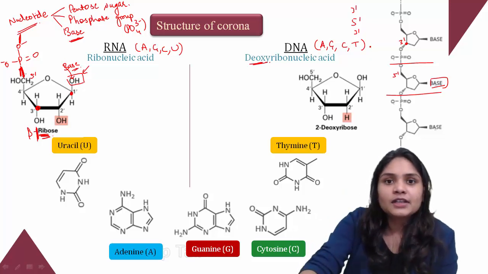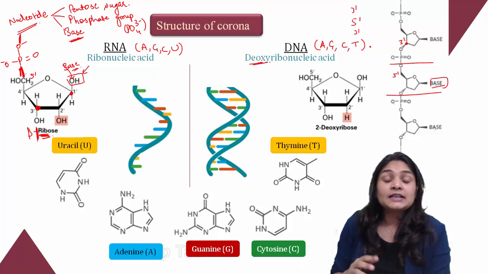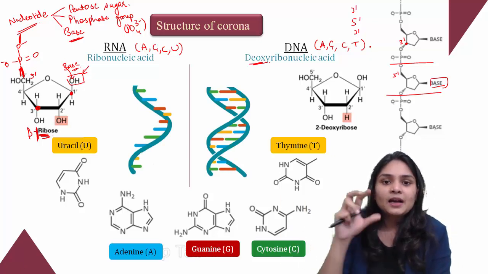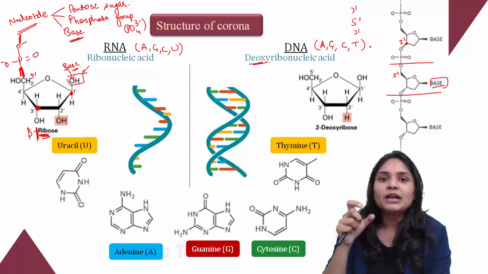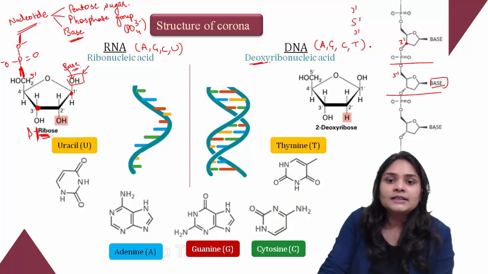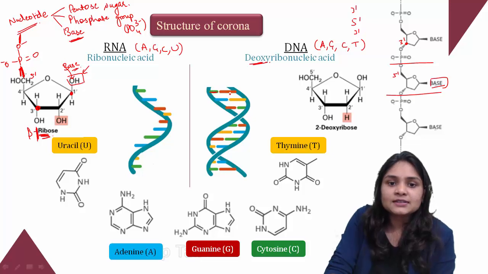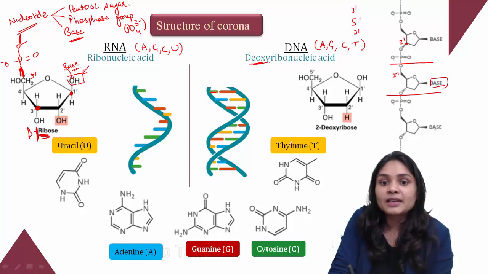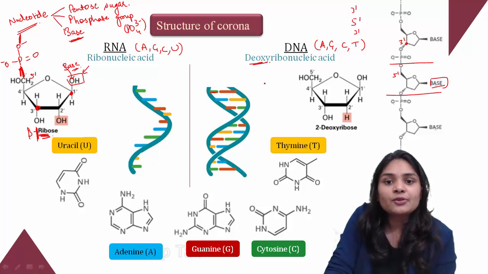Now, there is one more difference: RNA is single stranded and DNA is double stranded. How is this double strand possible? See, these are the bases, these colors. You can see green is cytosine, red is guanine, blue is adenine, and this yellow is thymine. How is it formed? There is a force of attraction between these bases, and that force of attraction is hydrogen bonding.